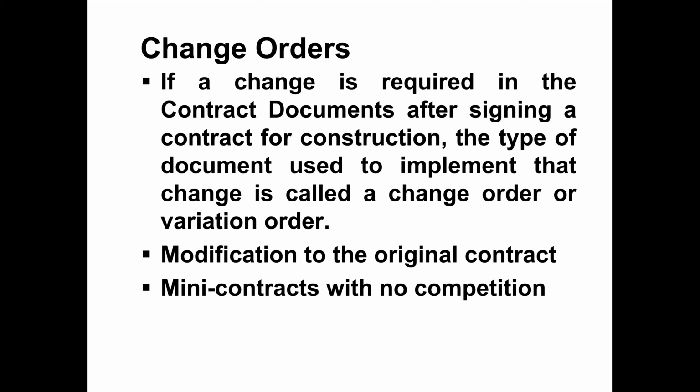But for these change orders, when the owner is asking for these changes, the contractor will of course ask about the impact on price and time for every change. So they say these are like small contracts with no competitor from any other contractor.